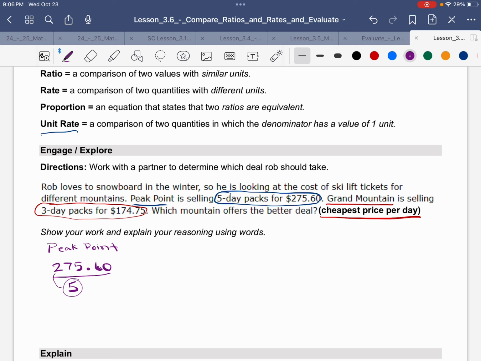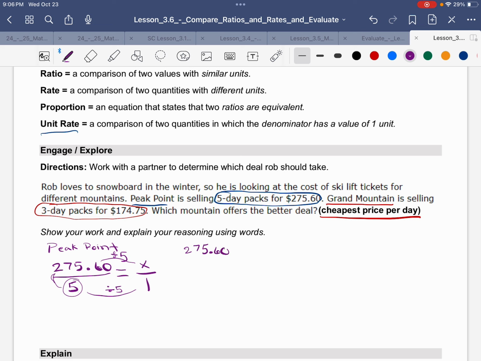We're going to divide our big number here, 275.60, by 5, and that's going to tell you 1 day. The proportion for that also, if you were to set it up equal, we want to know 1 day instead of 5 days, right? And our unknown or our variable is here. So you essentially would divide by 5 to get to that 1 day, but we got to do the same thing over here to get to that unknown variable. So that is the reason we're going to just divide by 5, and it will work the same for our other one. So let's do it.